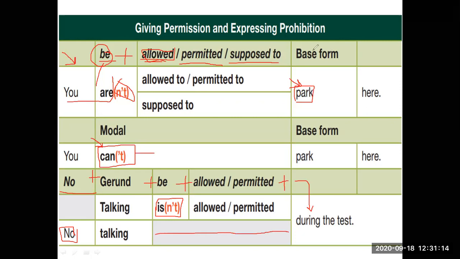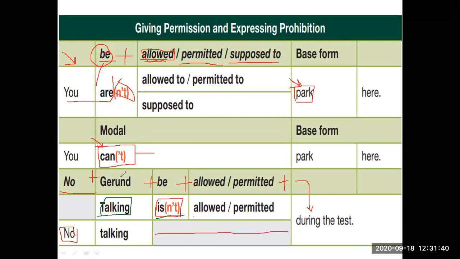Okay, so let me change the color. Here I can say, talking, right, Jaron, talking is not allowed during the test. Talking isn't allowed during the test. That is, I am showing you prohibition.